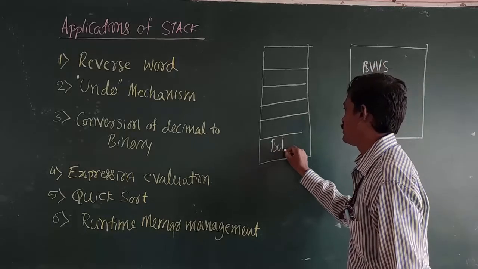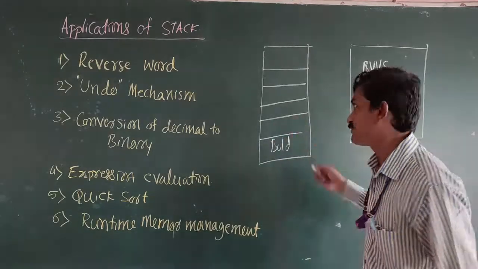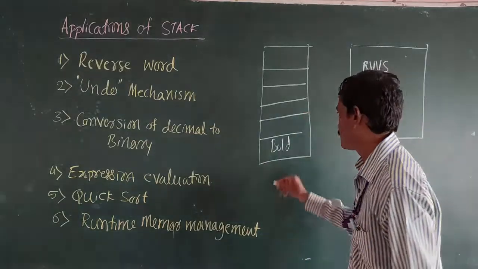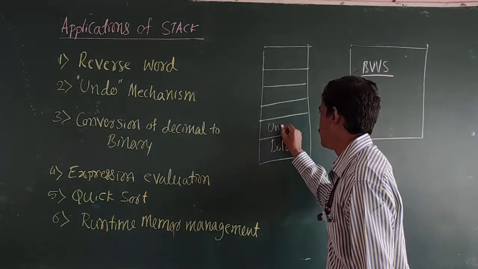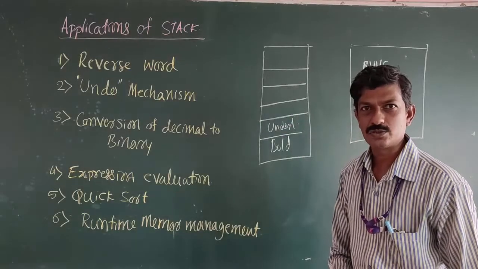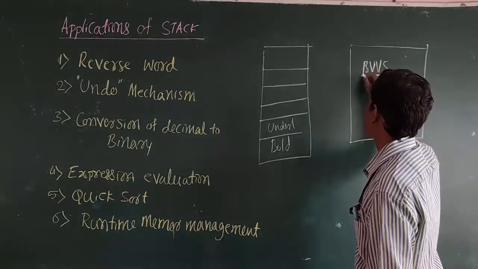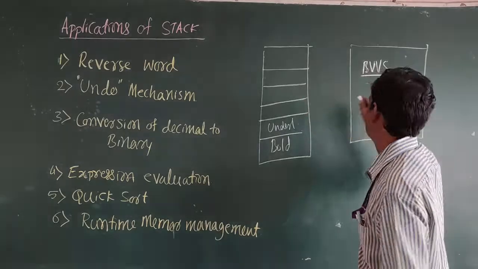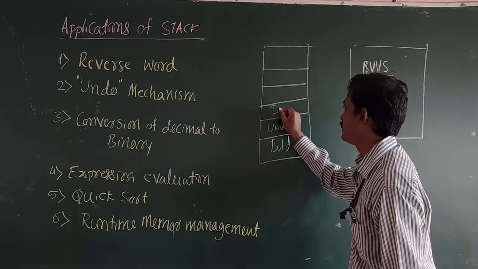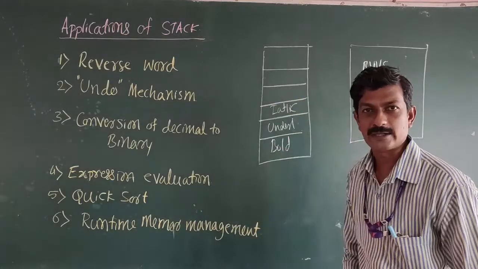Then bold is pushed into the stack. After that, I make an underline to this text document. The underline operation is pushed into the stack. Now I change this character to italic style. Then the italic operation is pushed to the stack.